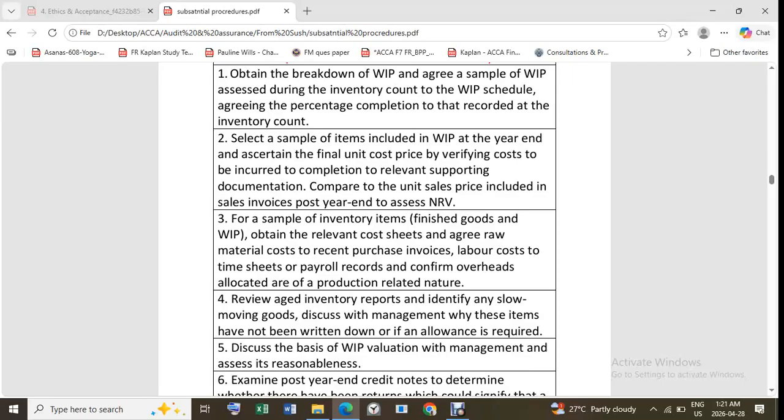Okay, we have to check the cost sheets of the finished goods and WIP as well, whether the relevant costs are included or not. Like the admin related overhead should not be included in the inventory cost. Only production related overhead, and only the costs that are directly attributable are included in the inventory valuation, whether it is WIP or finished goods.